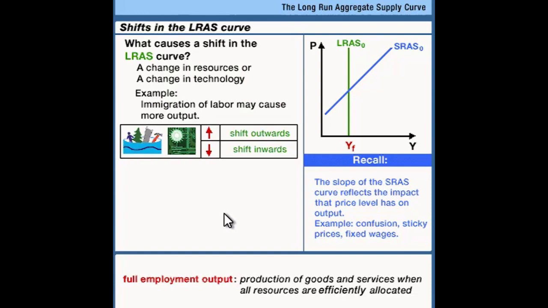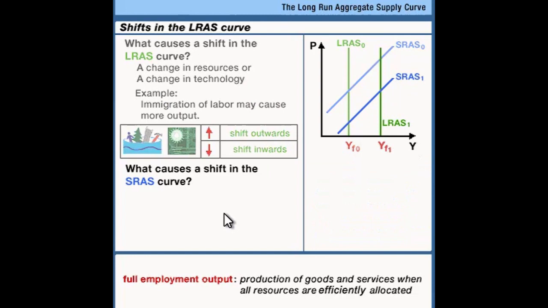And we're going to have a new long-run aggregate supply curve, and I can label that long-run aggregate supply curve 1. The level of full employment output in that case has increased, from YF0 to YF1. The new higher level of full employment output is due to an increase in the resource base.